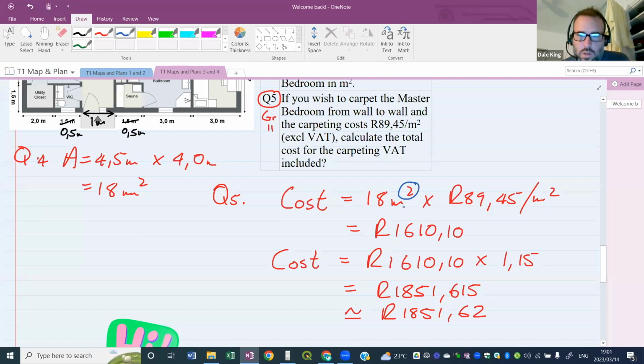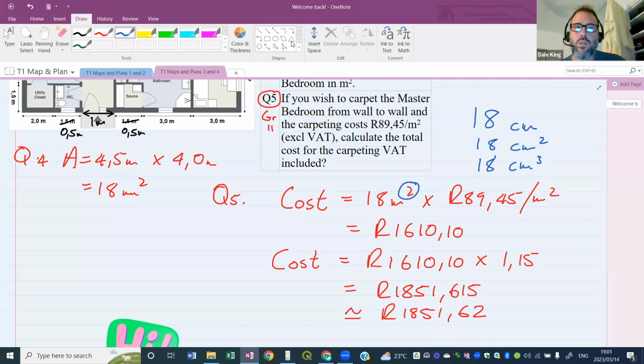That 2 belongs to the meters. For example, you could say 18 centimeters squared. The square doesn't belong to the 18, it belongs to the centimeters. You could also say 18 centimeters cubed. That 3 doesn't belong to the 18, it belongs to the units of centimeters. So I think that's where you made a mistake. Try it again without that square and see if you get the right answer.